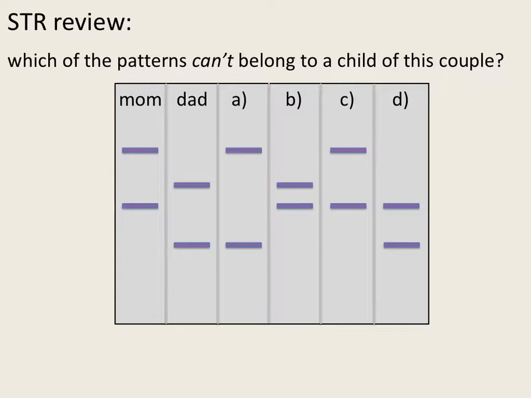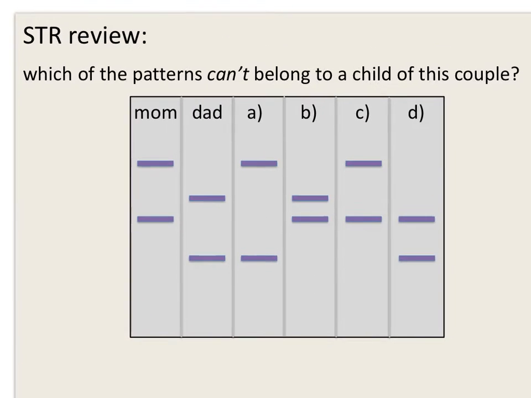Okay, so this one, B? D. Yeah. They got that from mom, and that from dad, so that's not D. That from mom. C. Yeah, because C is a complete repeat of mother. So it's C, right? Mom and mom. Can't get two alleles from mom.